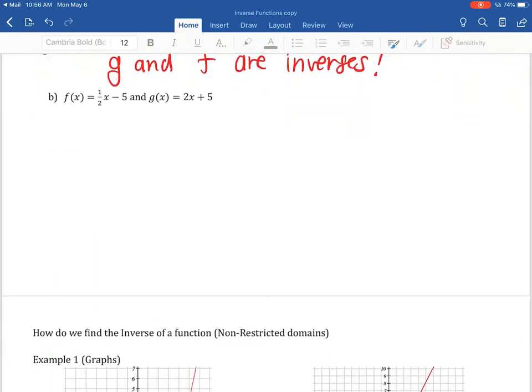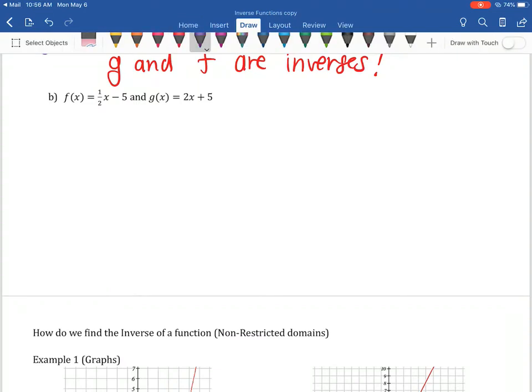Okay, now let's look at the next example. We're going to do the same thing. We have f and g, and we want to compose them in both directions to see if they're inverses. So let's do f of g first. I'm going to find f of g of x. That means I'm going to take the entire function g of x and plug it into f.